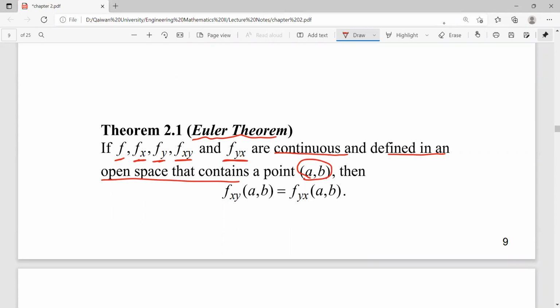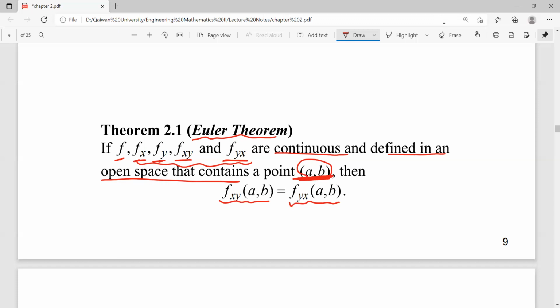That means if all of these functions, these partial derivatives of f, are continuous and defined in an open space that contains this point, then f sub xy at the point equals f sub yx at the point.